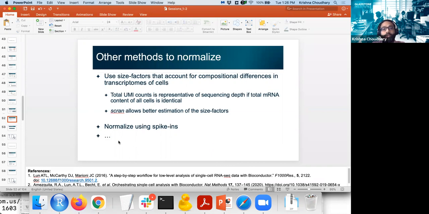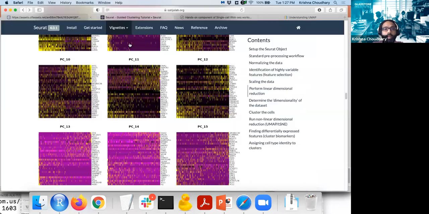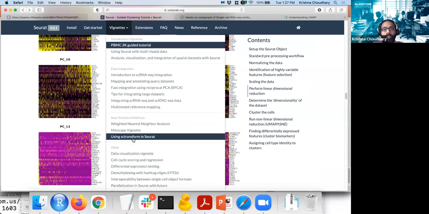Some folks also have been working on normalization approaches using spike-ins. So there are different approaches, but in Seurat, the default is log normalization, and the recommendation is SCTransform. So you can look at Seurat vignettes, and you will find how to run SCTransform, which is basically, instead of running normalize data, you will run a function called SCTransform.